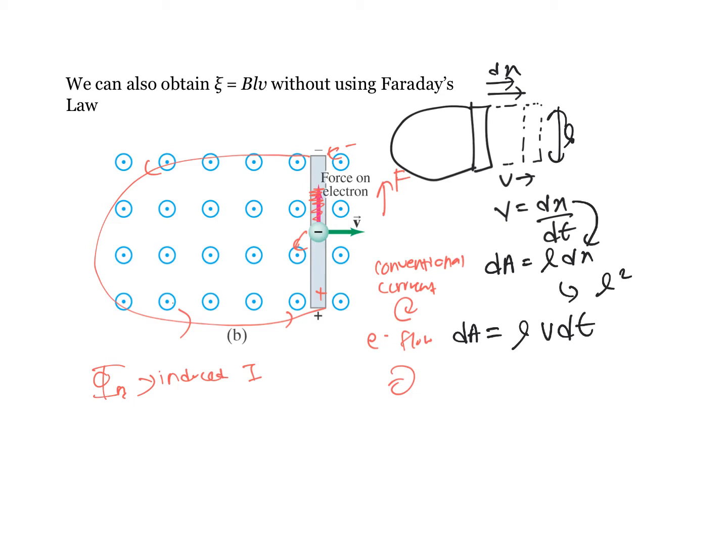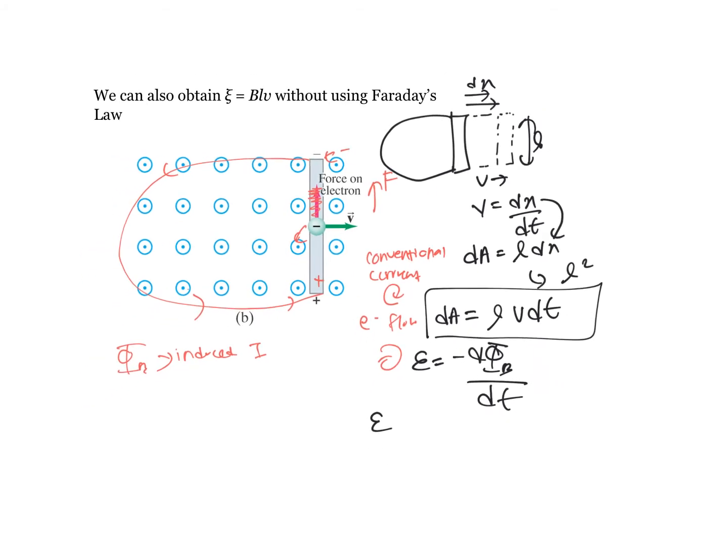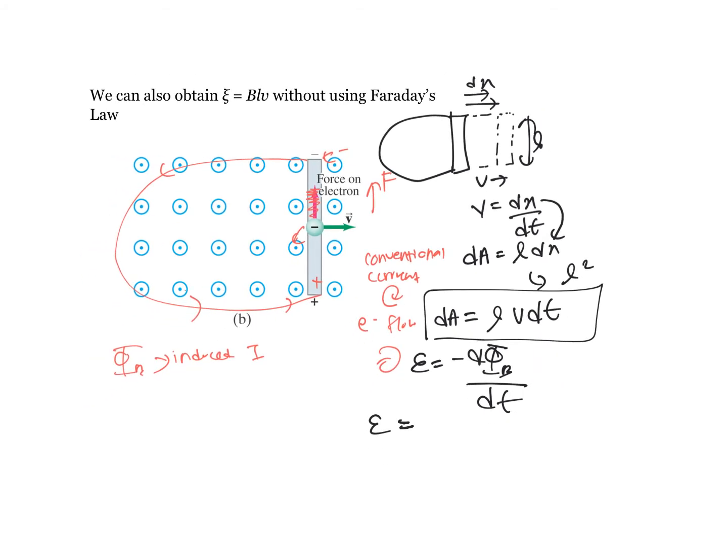So we are going to find the formula for the induced EMF that relates to the moving conductor. Based on Faraday's law, EMF equals negative d flux B over dt. The magnetic field B is constant here, so the change is in the magnetic flux.